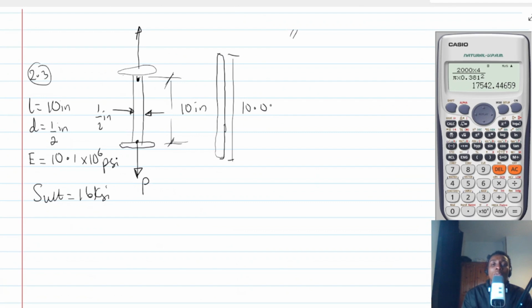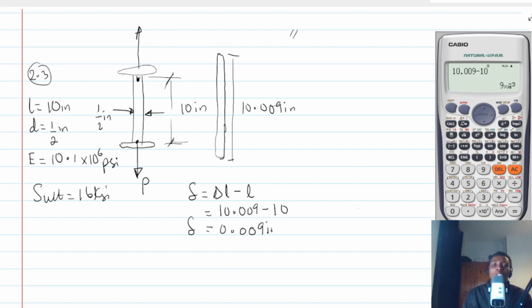10.009 inch. What does this tell us? It means that there has been an extension delta, which is the change in length minus the original length: 10.009 minus 10. So from this question, the elongation is actually 0.009 inch.